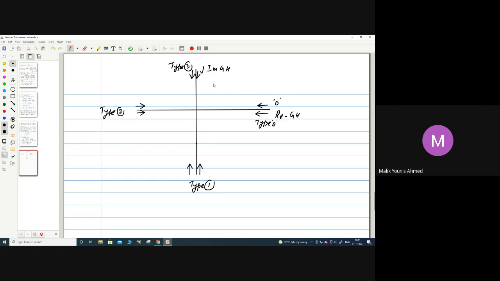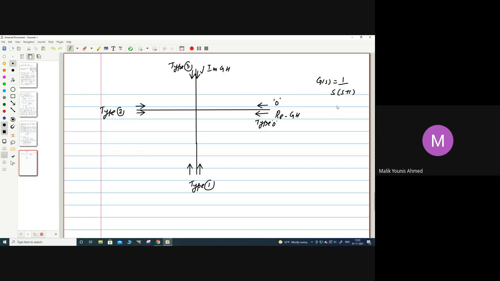What are these types I'm writing? The graph will begin from them. Type 0 will start from here, and I will tell you how it will end. Type 1 will start from here. What is the type? It is the number of poles at the origin, the power n of s. Suppose we had a transfer function G(s) equal to 1 by s plus 1.